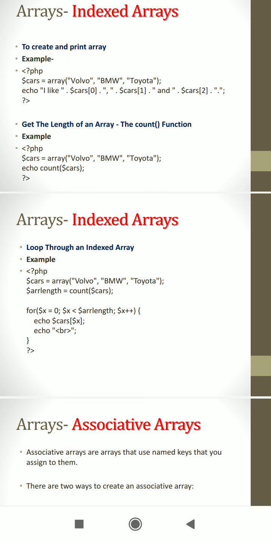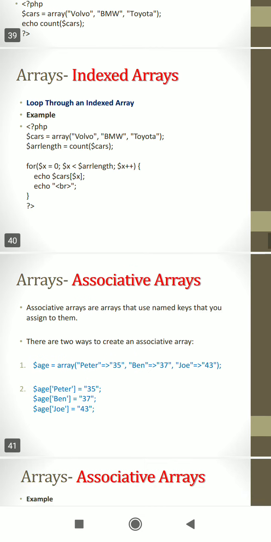Echo message $cars[$x]. Sorry, what we have to print is $cars[$x]. Echo break, so the output comes on the next line. First it will print Volvo, next BMW, next Toyota.